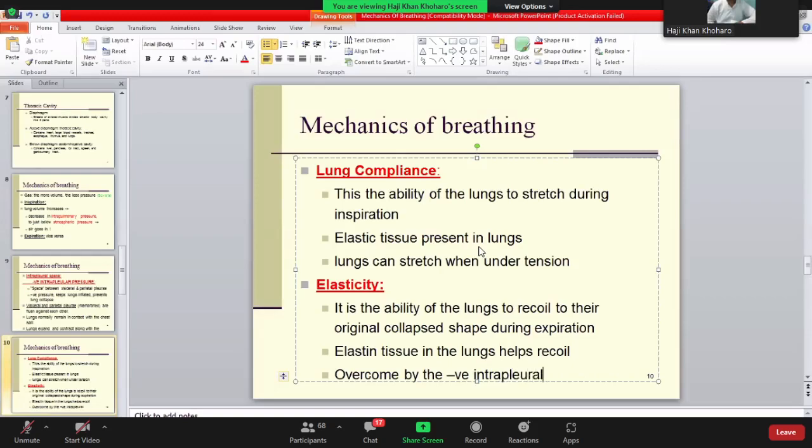So lung compliance is the capacity of the lungs to stretch during inspiration, while elasticity is the capability of the lungs to recoil to their original collapsed position during expiration.